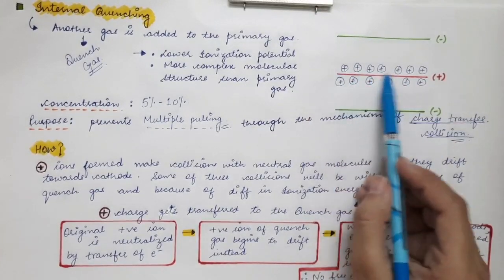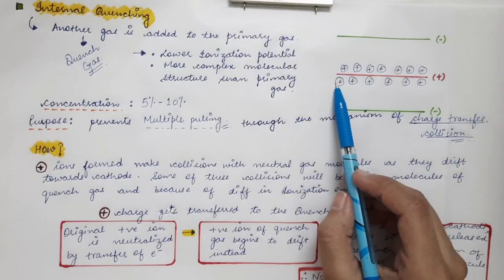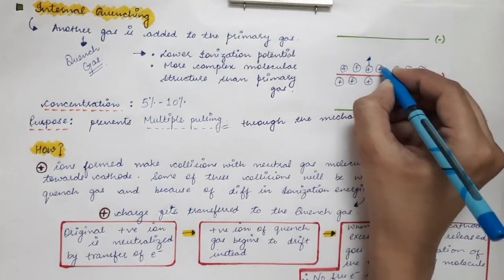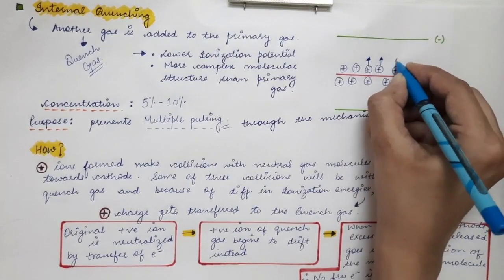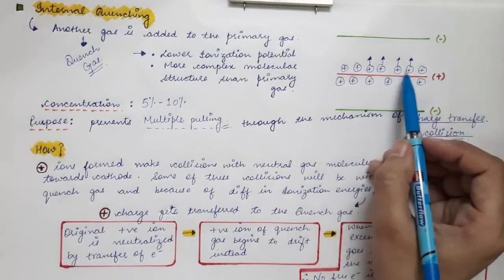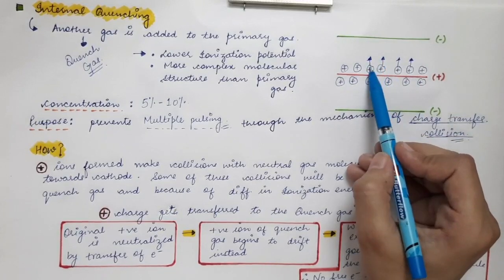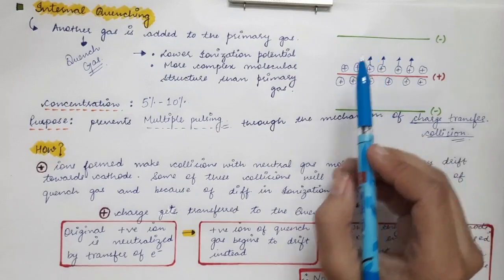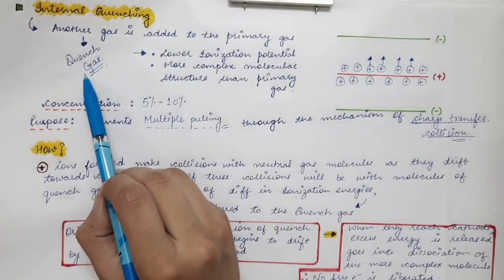When these positive ions drift towards the cathode, during their path they collide with the molecules of the gas.